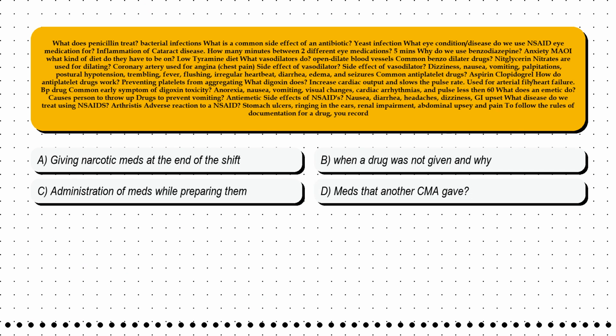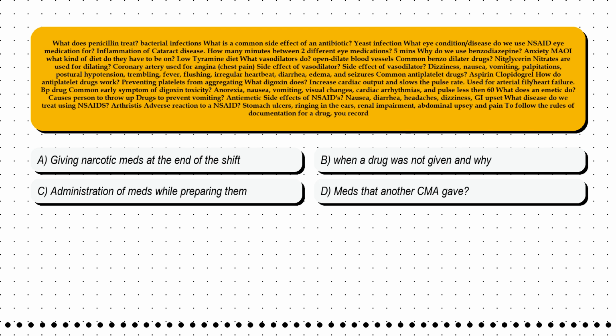Question 353. What does penicillin treat? Bacterial infections. What is a common side effect of an antibiotic? Yeast infection. What eye condition or disease do we use NSAID medication for? Inflammation of cataract disease. How many minutes between 2 different eye medications? 5 minutes. Why do we use benzodiazepine? Anxiety. MAOI: what kind of diet do they have to be on? Low tyramine diet.